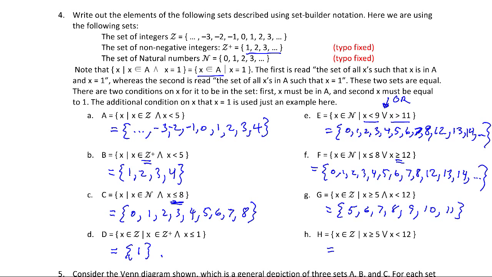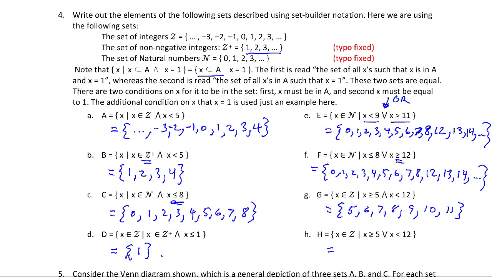Just a second here. Integers. How about the negative ones? They're less than 12, right? Yeah. Everything, negative 3, negative 2, negative 1, 0, 1, 2, 3, they're all less than 12. And greater than or equal to 5 includes 5 on up. So the less than 12 includes everything from minus infinity up to 11.